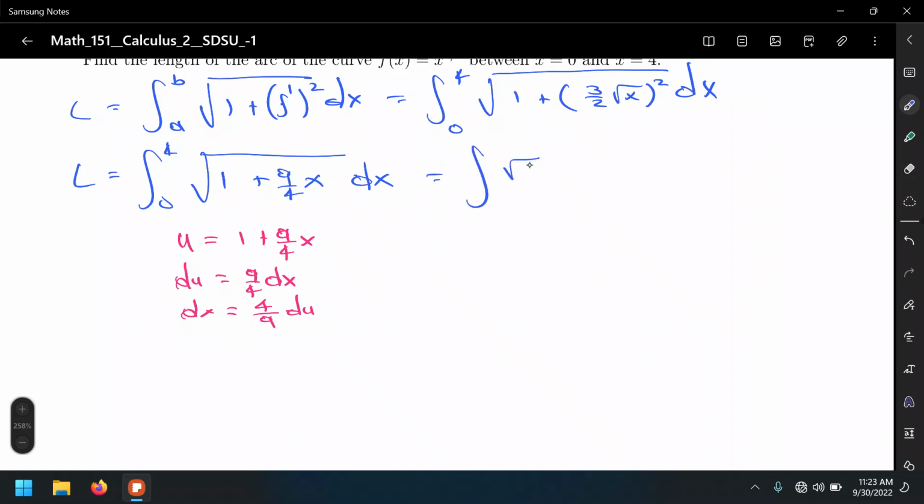That would be the square root of u and then du times 4 over 9. Technically, we have to also find the equivalent of the limits of integration in the world of u as well. So we need to change the 0 and 4 to their equivalents in the world of u.